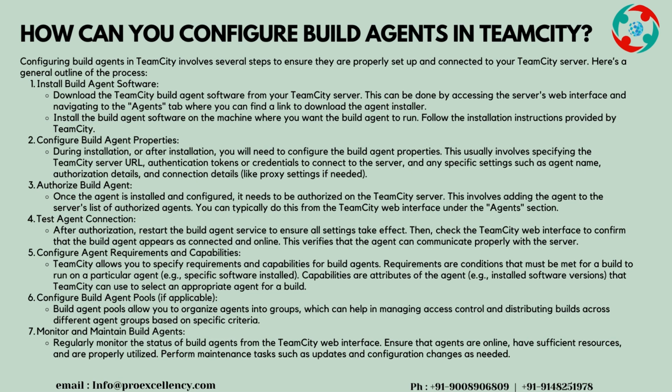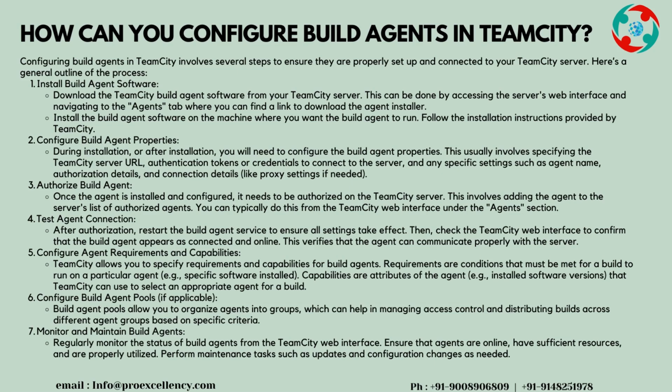Test agent connection. After authorization, restart the build agent service to ensure all settings take effect. Then, check the TeamCity web interface to confirm that the build agent appears as connected and online. This verifies that the agent can communicate properly with the server.